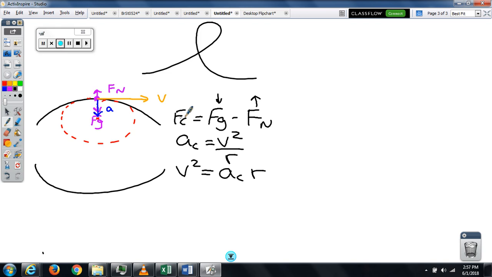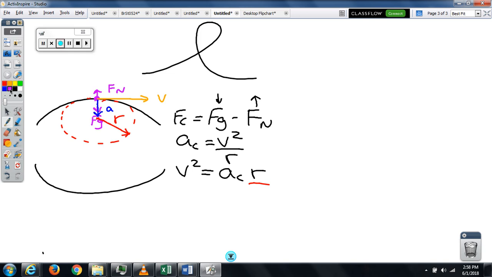So finding the centripetal force gives you Fnet for circles. Then you can use F equals ma, and given that you have the mass, you can figure out the acceleration. And having the acceleration, you can find the speed, but I'd have to give you an additional piece of information, which would be to know what this radius is. Once I give you r, then you can work out what v is.